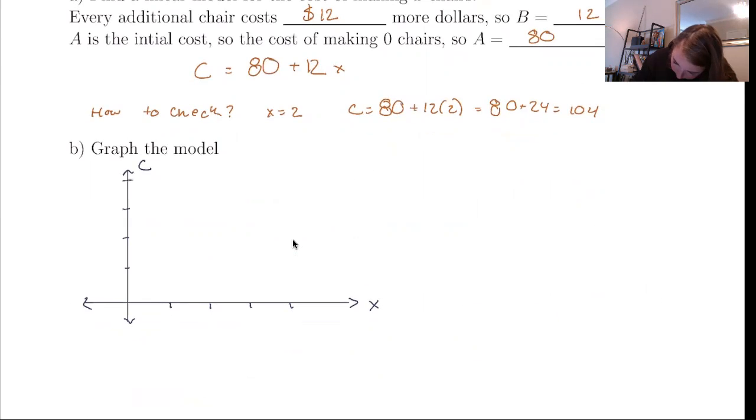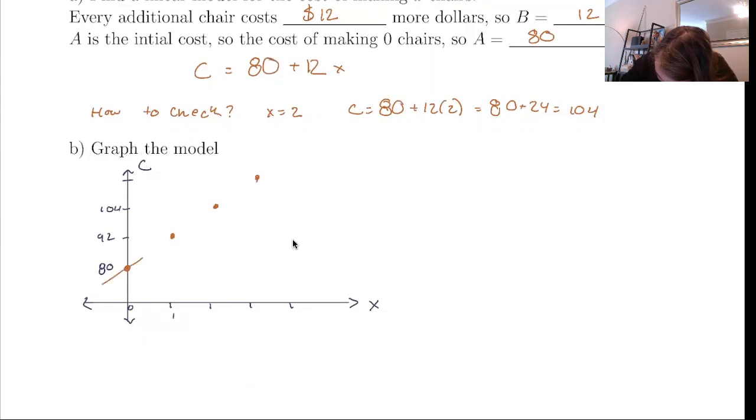And then we'll call each of these ticks plus 12. So this will be 80, 92, 104, and so on. That's a 0 and that's 1. So this is our first point, and then our second point, and then our third, and so on. Fourth would be up here.